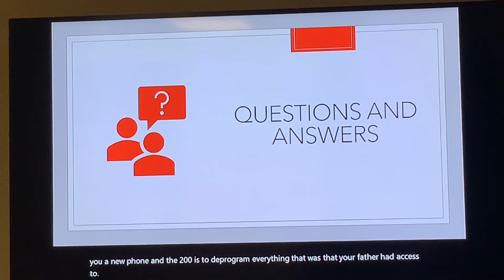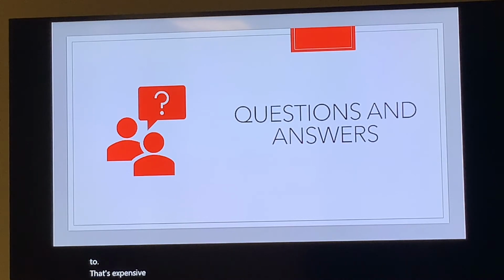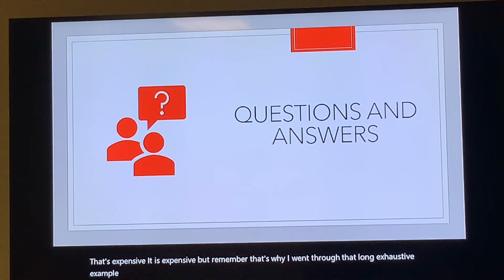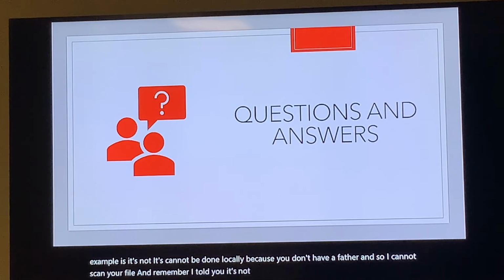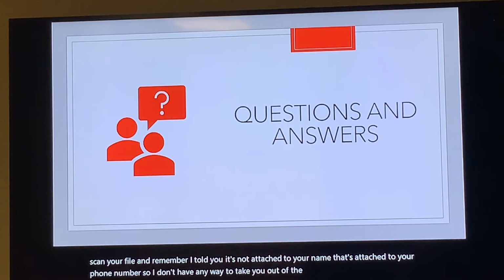That's expensive. It is expensive, but remember, that's why I went through that long, exhaustive example. It cannot be done globally because you don't have a fob. And so I cannot scan your fob, and remember I told you it's not attached to your name, it's attached to your fob number, so I don't have any way to take you out of the system globally if you've lost your fob.